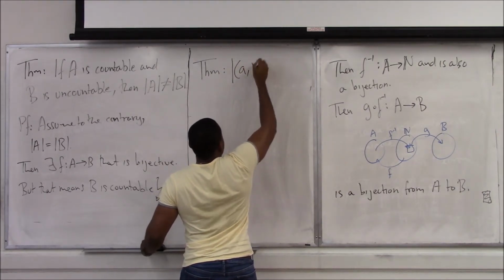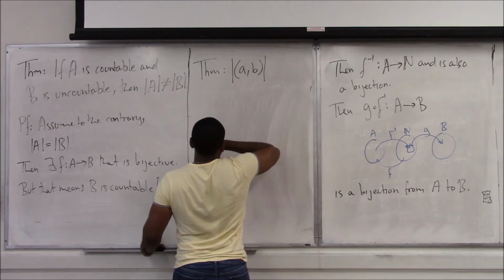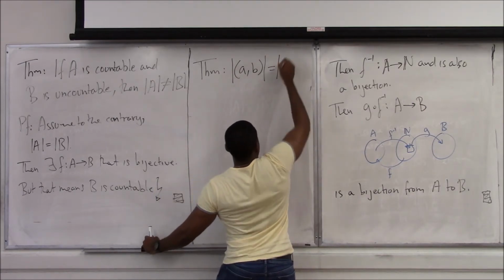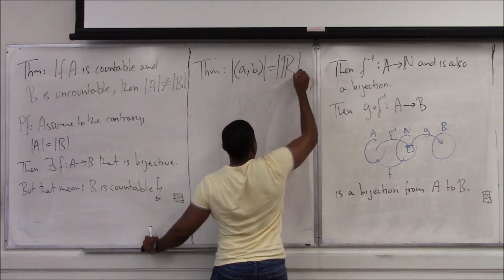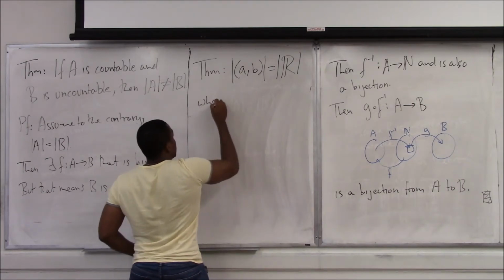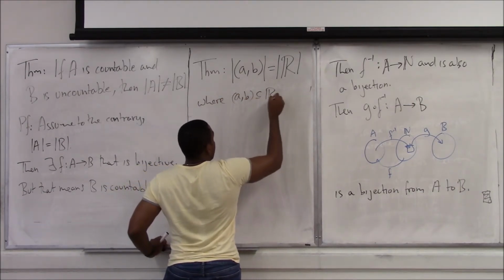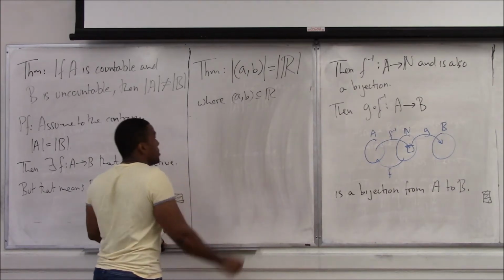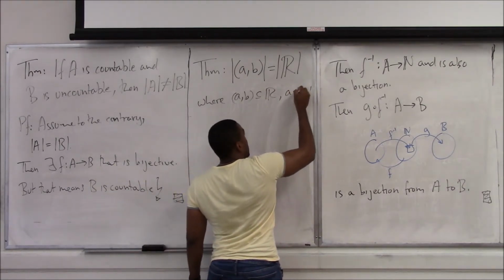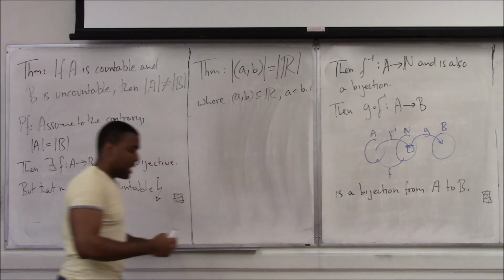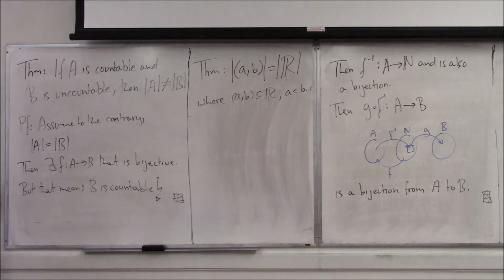The interval AB, the size of that is the size of all the real numbers, where AB is any subset of R, that's an interval. So any two real numbers, I don't care how close together they are, the amount of numbers between those two numbers is the same as the amount of numbers in the entire real line.